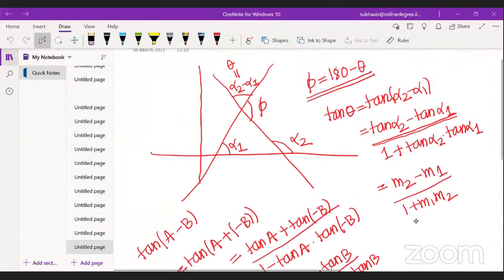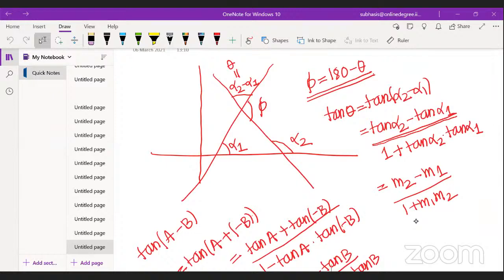Sir, actually, I'm not able to see your screen. Yeah, now I'll share my screen. So now it is visible, right? Yes. Now you can see the first option.